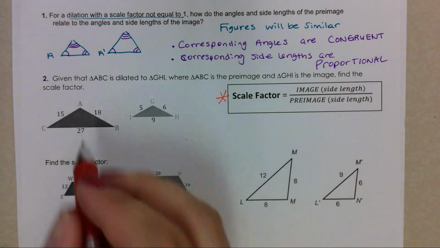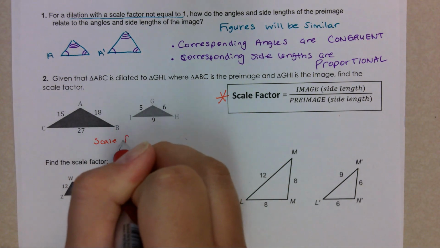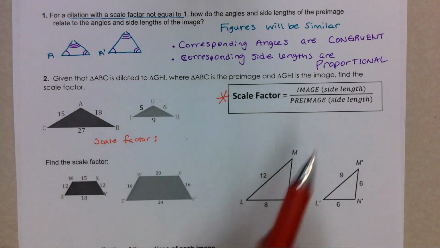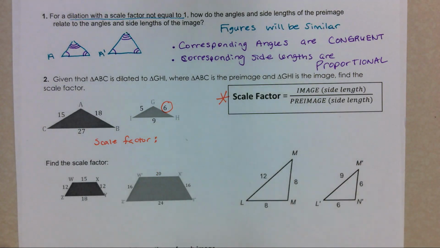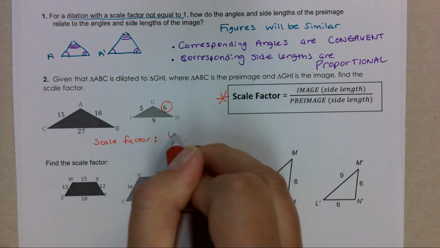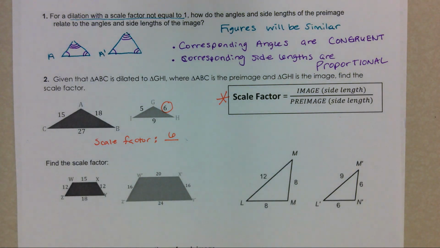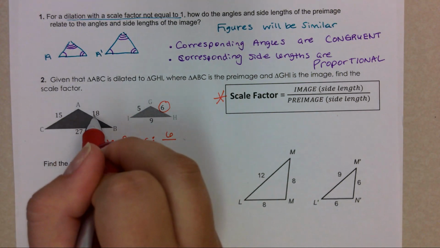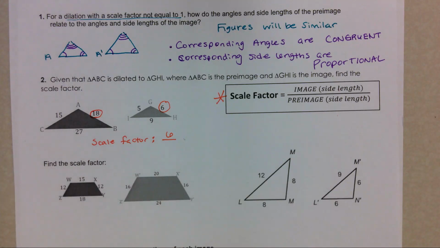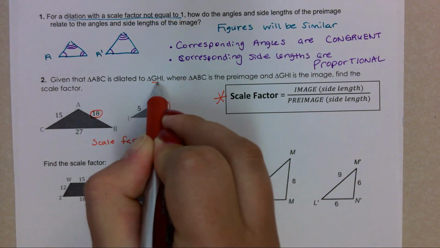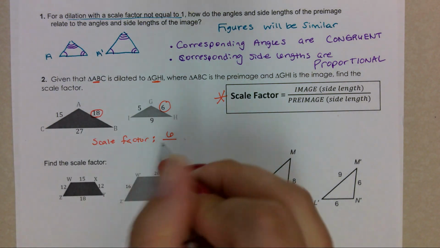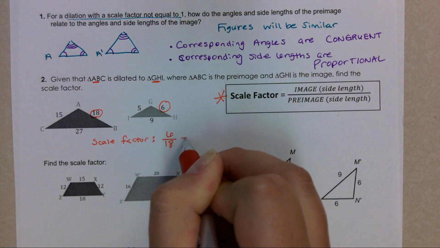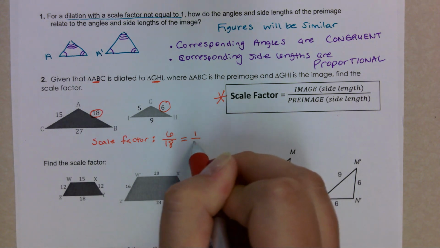So scale factor is going to be a side length from the image, and they said GHI is the image, so I'm going to pick 6, that's the right side, to the corresponding side length of the pre-image. ABC was the pre-image, so the corresponding side length would be 18, because I know that GH corresponds to AB. And so AB is 18.